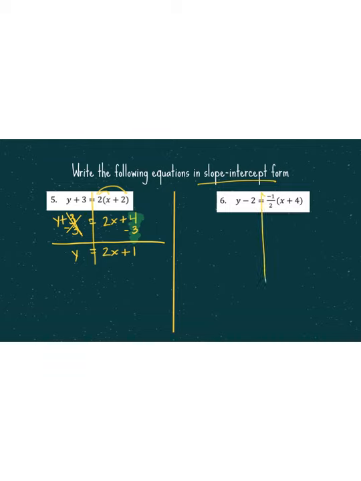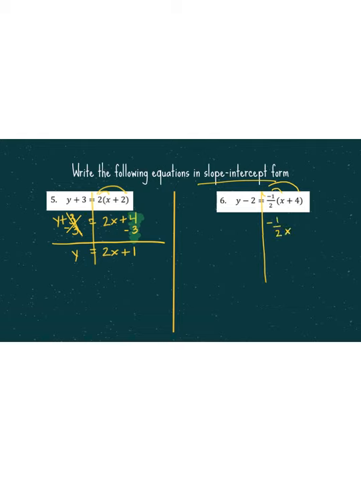Okay, I'm going to do the same thing here. So I have negative 1/2 times x plus 4. So I'm going to distribute that negative 1/2 to the x. I'm going to distribute that negative 1/2 to the 4. So negative 1/2 times x is going to give me negative 1/2 x.